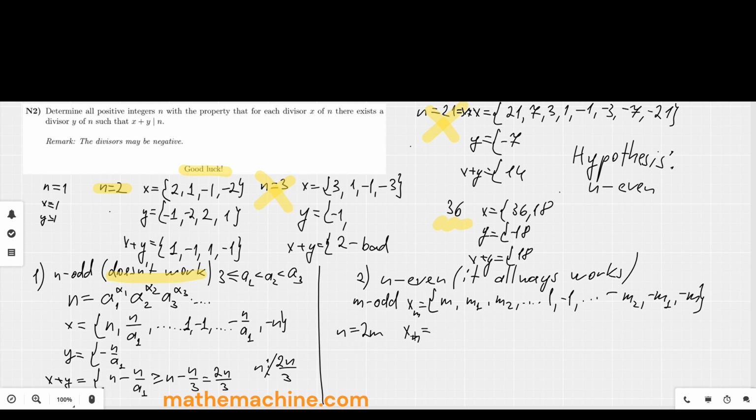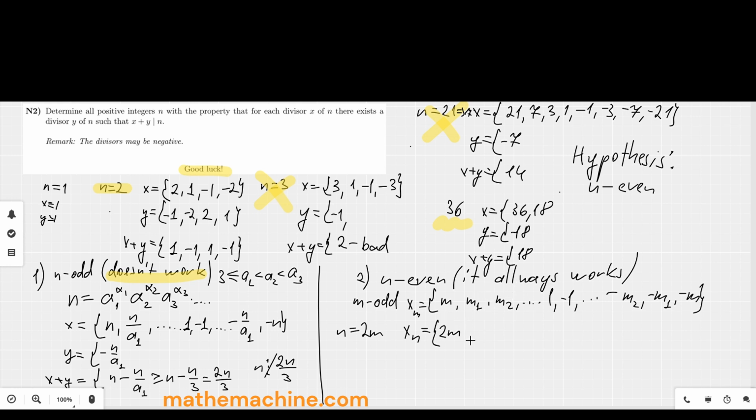The divisors of n equals 2m are going to be the following. The greatest one is obviously 2m. And since it works just the same way as here, the greatest divisor of m and the second greatest divisor differ at least 3 times, not 2 times.